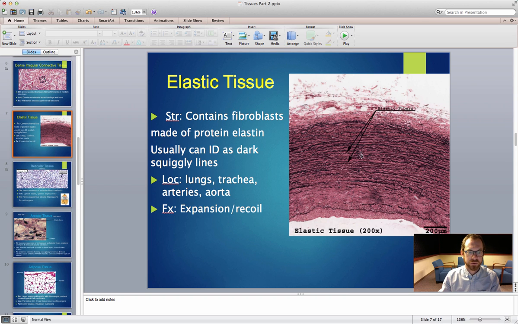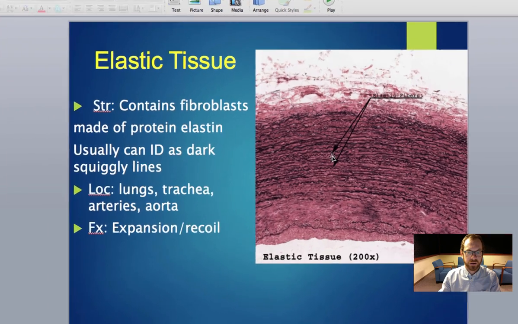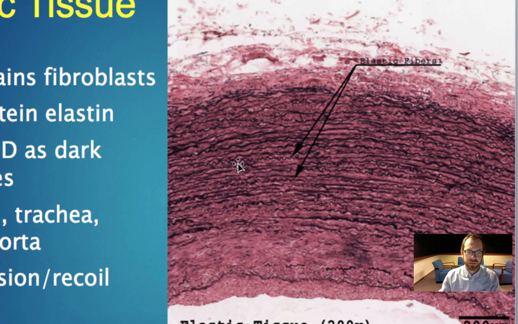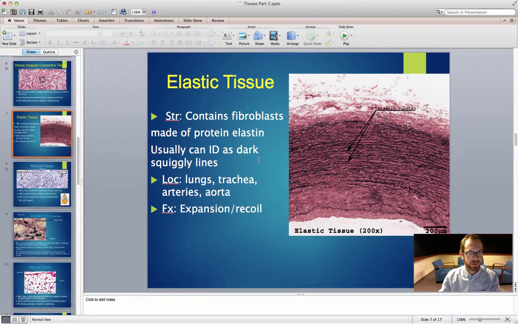And these fibers are quite obvious. They show up as these dark squiggly lines with the histology. We find this tissue at the lungs, the trachea, arteries, and the aorta. And the function of this tissue is to expand and recoil. That's what these elastic fibers allow.